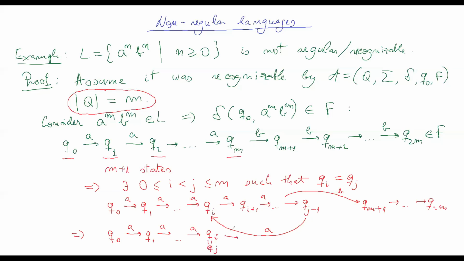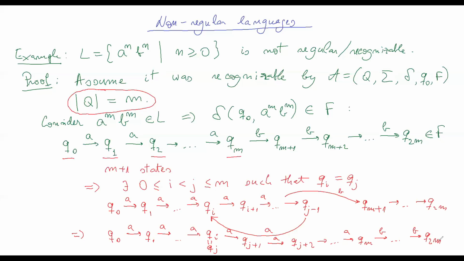So with letter A, I can go now to Qj plus 1, because from Qj to Qj plus 1 there was a transition. I can continue from here to Qj plus 2, and so on to Qm, and then with B transitions all the way to Q2m.